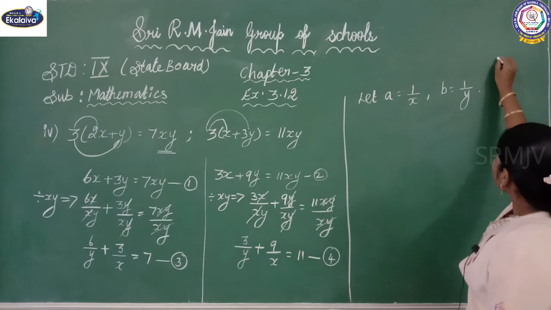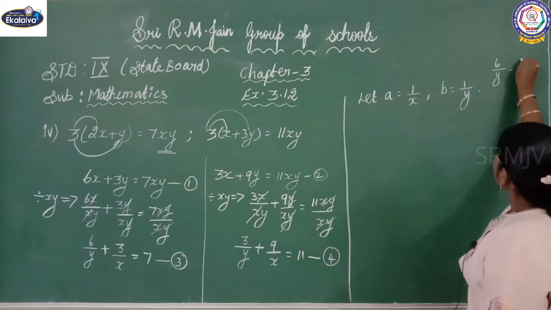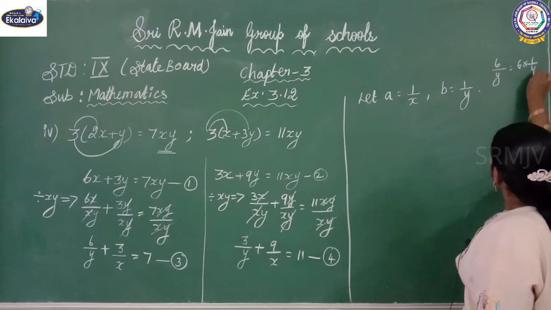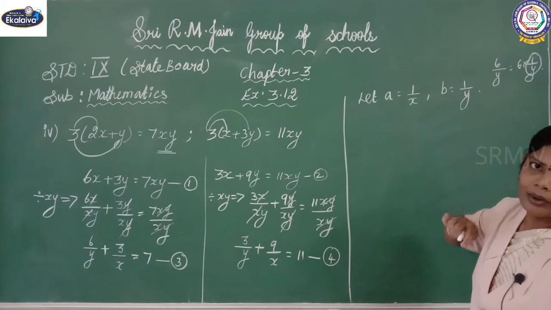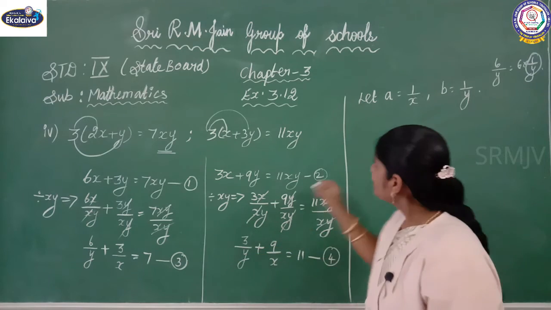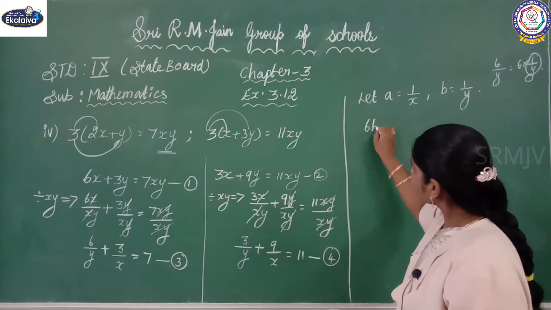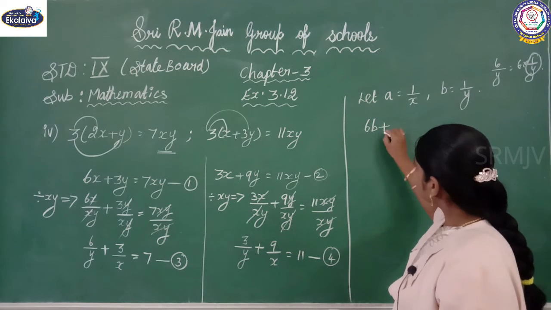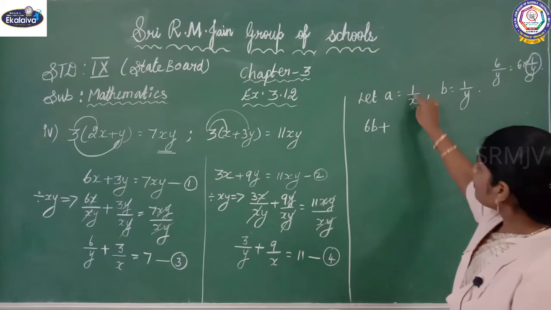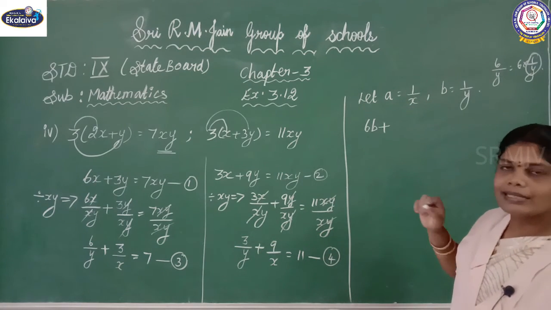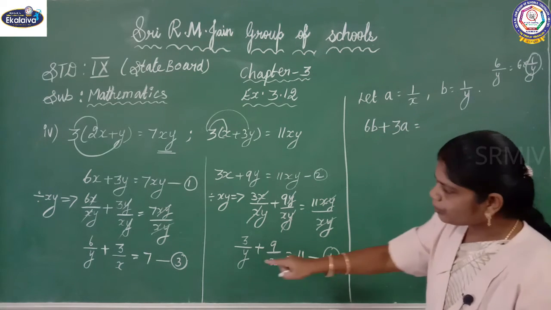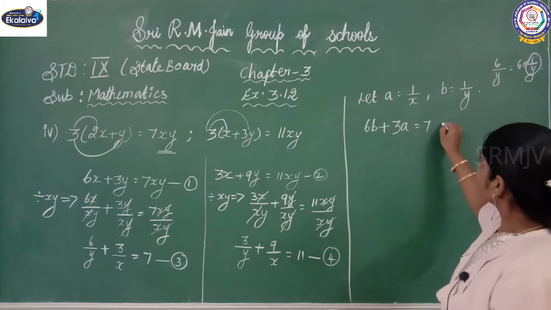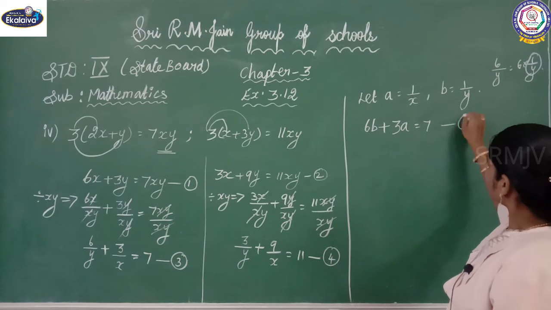How can you write this 6 by y? 6 into 1 by y. So 1 by y, what we consider? b. So we can write this as 6b plus 3 by x. So 1 by x equal to a, so 3 by x equal to 3a, equal to 7. This is the fifth equation.